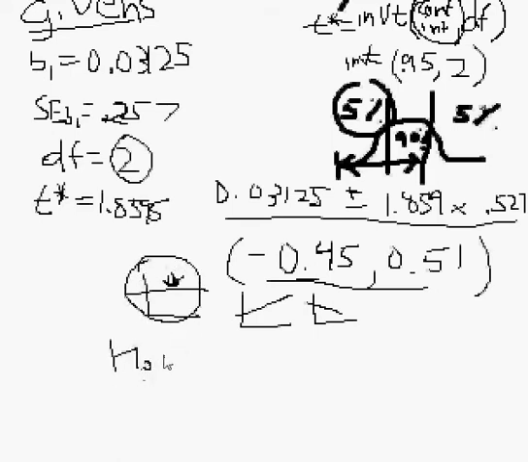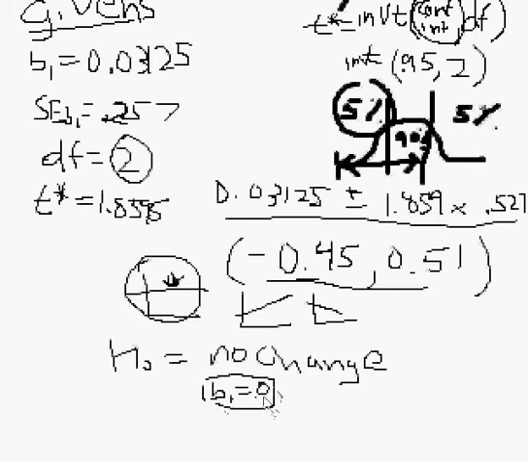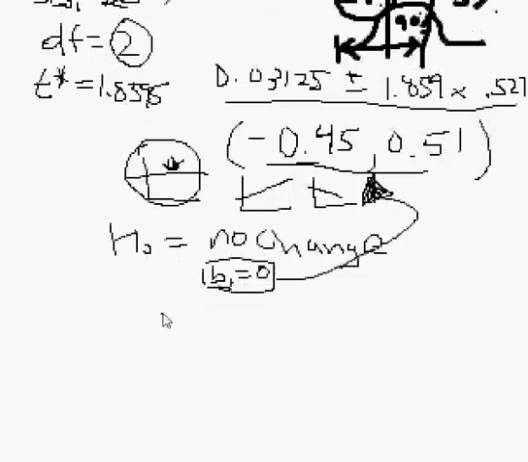So H null means no change. Alright. That means b1 could be equal to 0. And if 0 is included in this interval, that means there's a possibility that b1 hasn't changed.